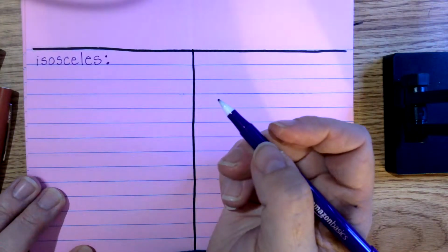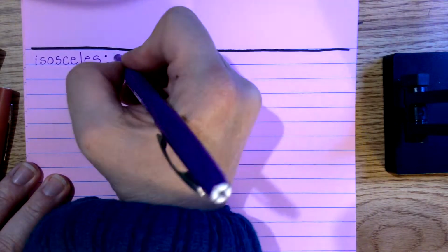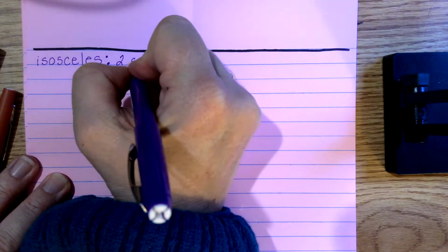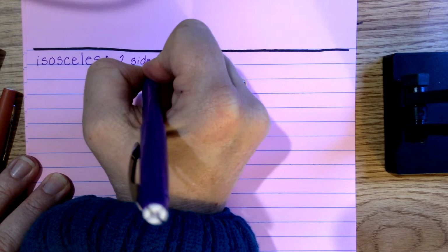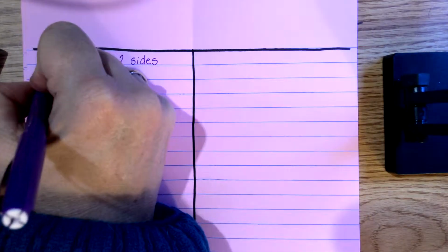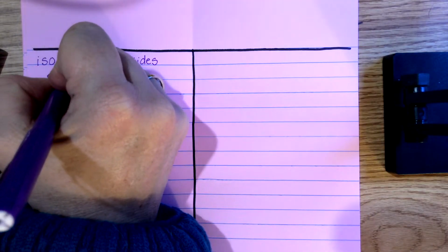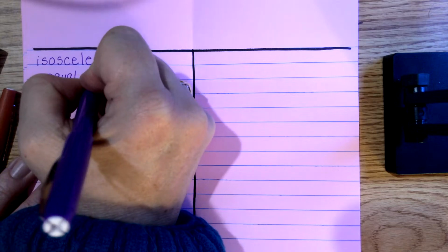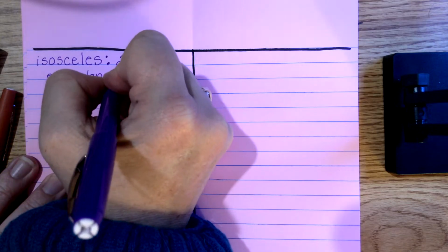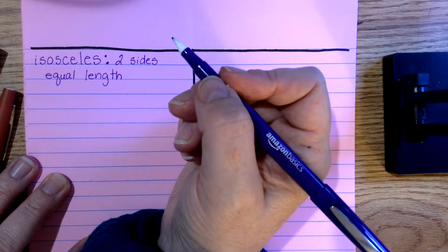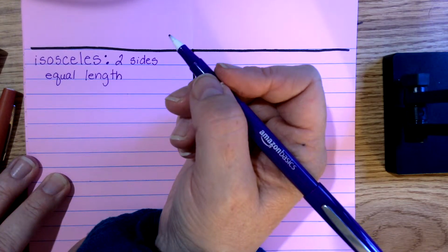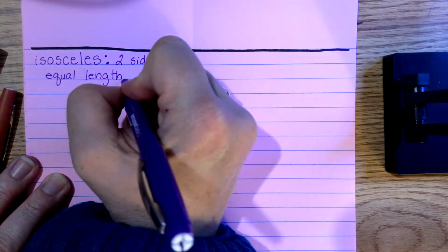An isosceles triangle has two sides that are the same length. And the angles opposite of those sides are equal.